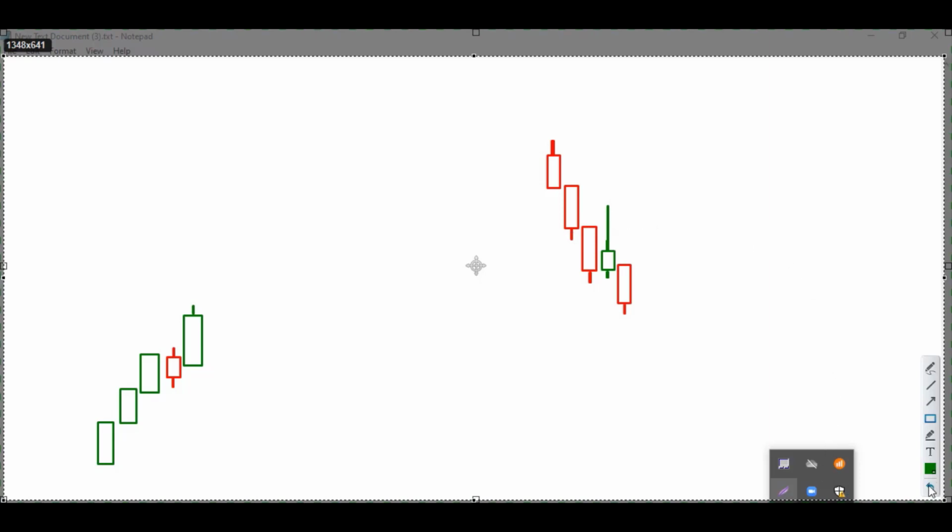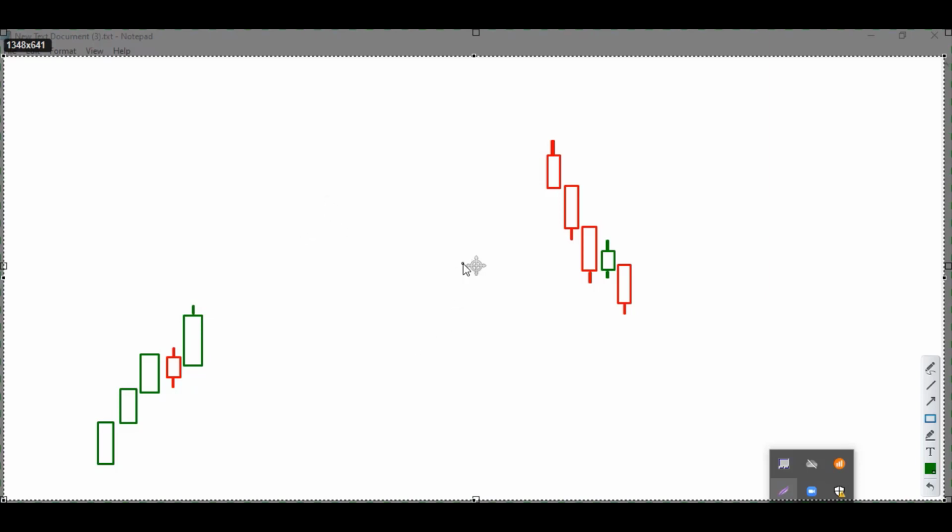If the candle's body is like this one, a strong candle, it's not valid. So we have to observe very carefully. The condition is like this, so the next candle goes up. This is a highly profitable setup.